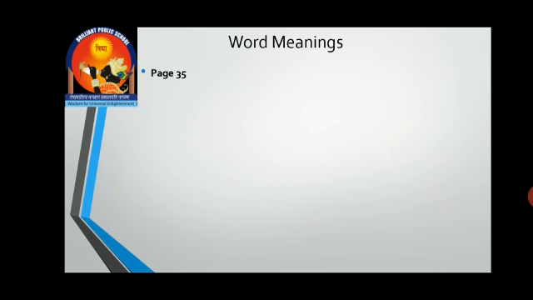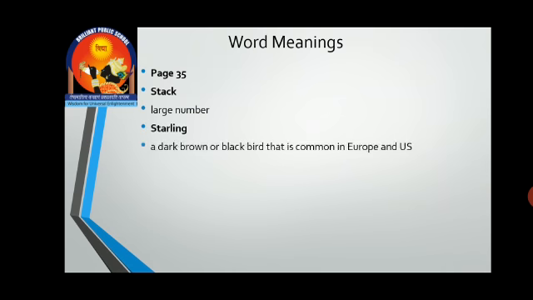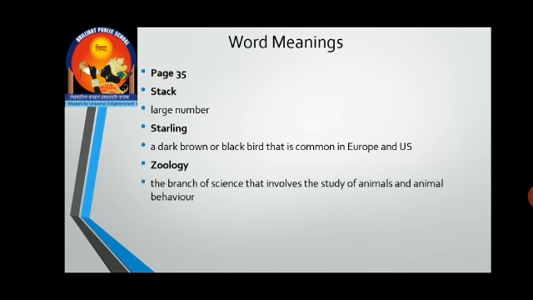On page 35, there's the word stack, which means a large number. Starling, a dark brown or black bird that is common in Europe and the US. Zoology, the branch of science that involves the study of animals and animal behavior. On page 36, ornamental means showy, decorative.